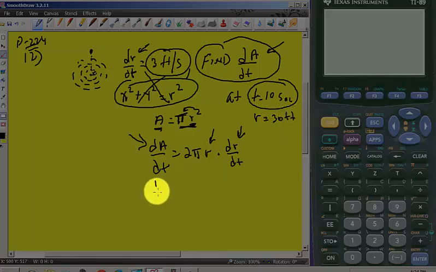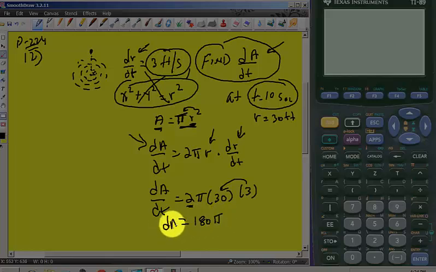Now we plug everything in. dA/dt equals 2 pi times 30 times dr/dt, which is 3. That gives me 90 times 2, which is 180 pi dA/dt, and this is feet squared per second.